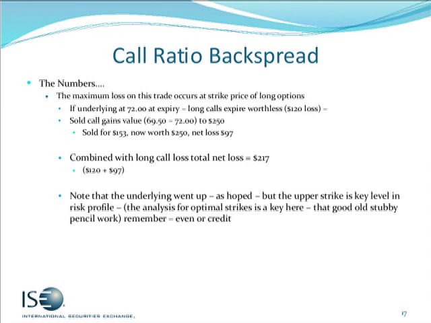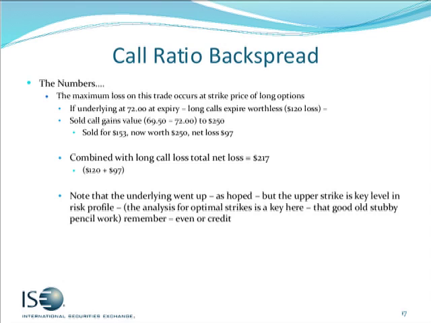But if the underlying goes to 72, which is the strike price of our long option, the long calls expire worthless. Just remember, intrinsic value is either worth something or it's not. At 72 it's zip, so it's a $120 loss. However, the sold side actually gains in value as well.